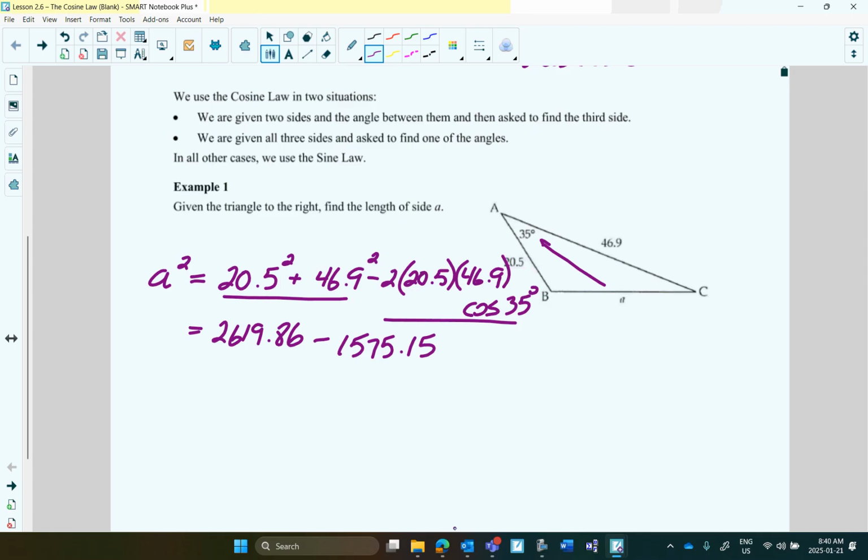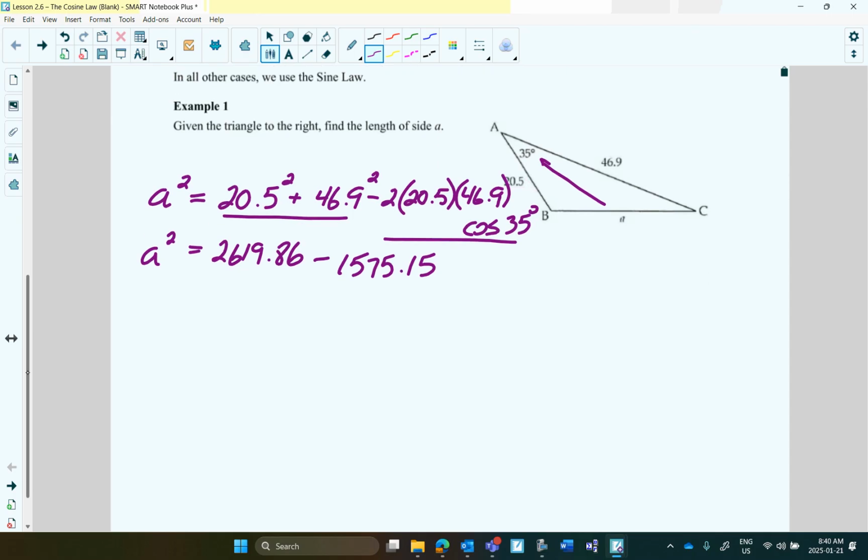That's a squared. Subtract those two: 2619.86 minus 1575.15 gives us 1,044.71. And then just square root both sides. You don't have to take the negative and positive square root.